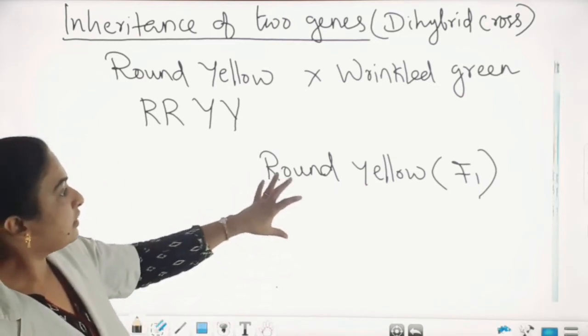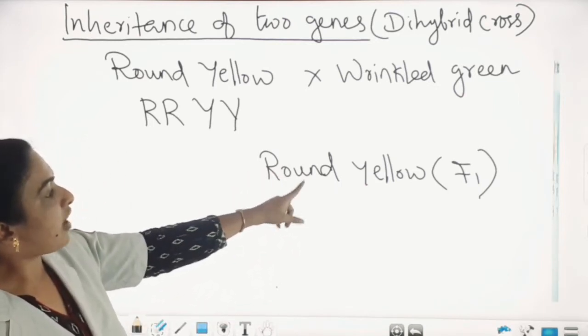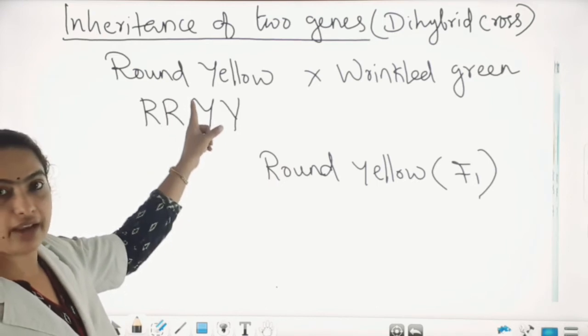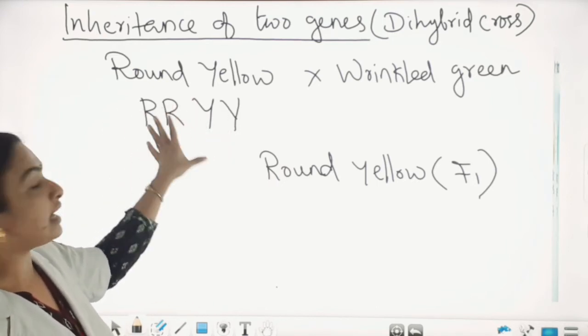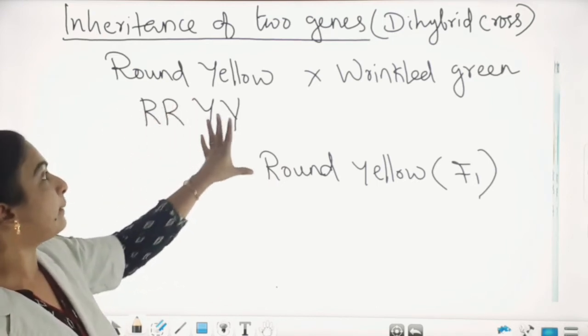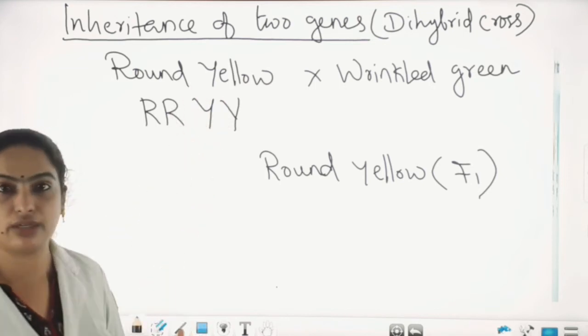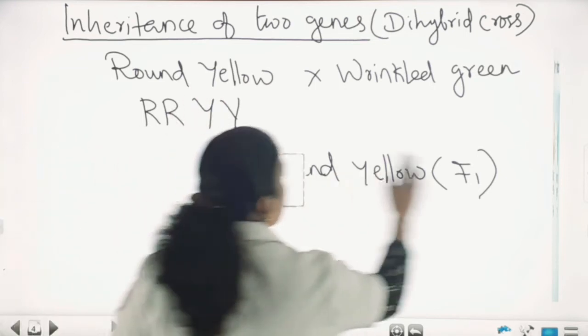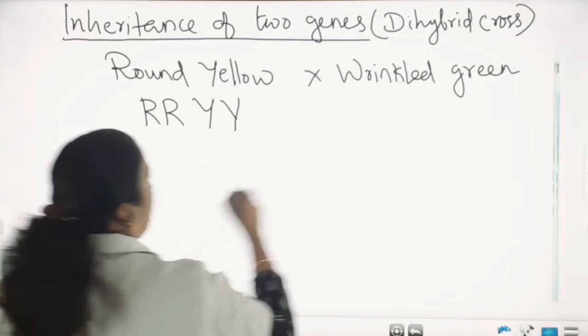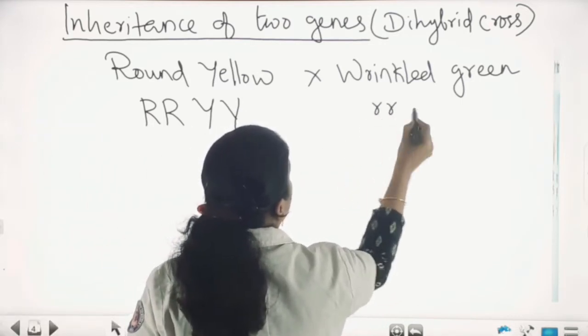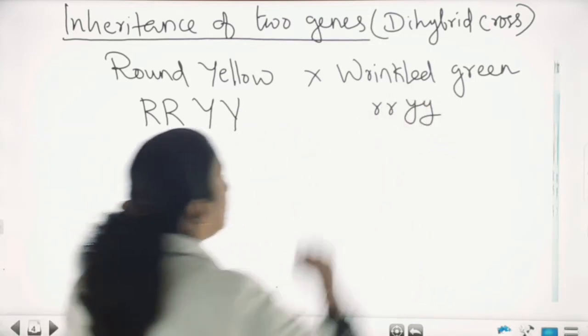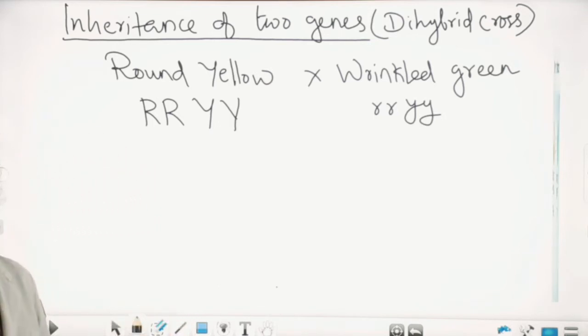So we can conclude that round yellow is the dominant character. That's why capital letters, capital R and capital Y, were given to this round yellow character. Okay. So here capital R, capital Y, and small r, small y we can give for wrinkled green.